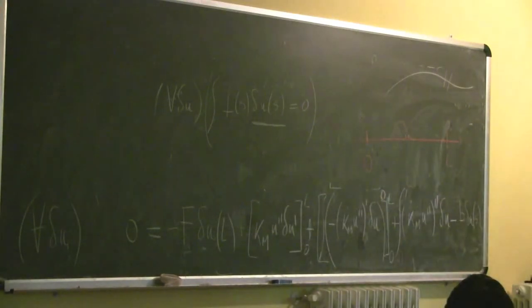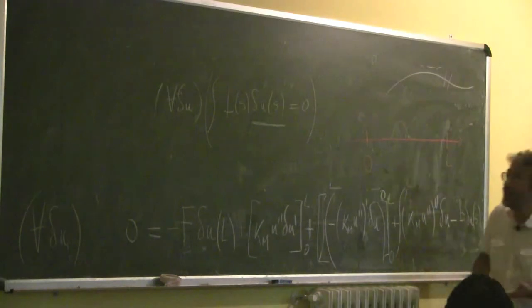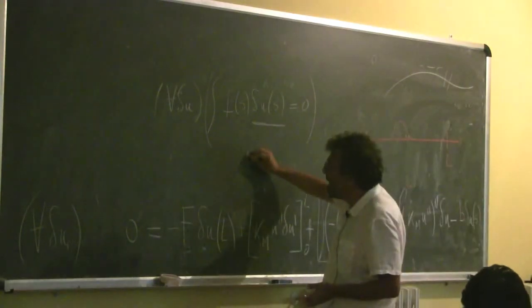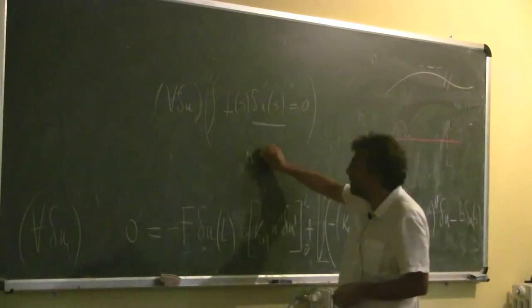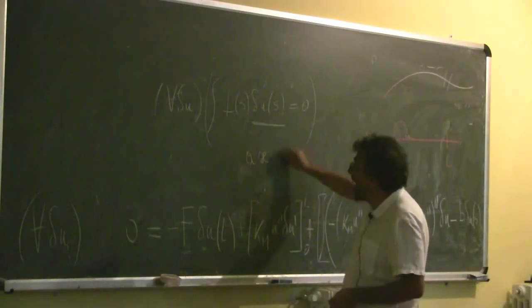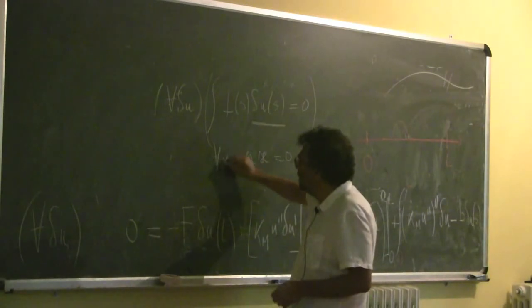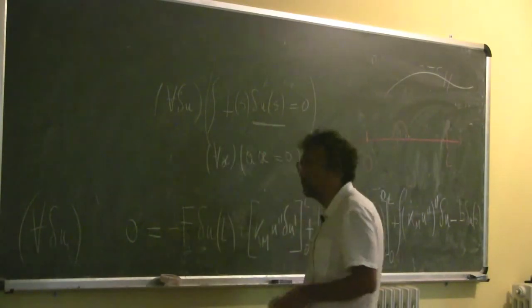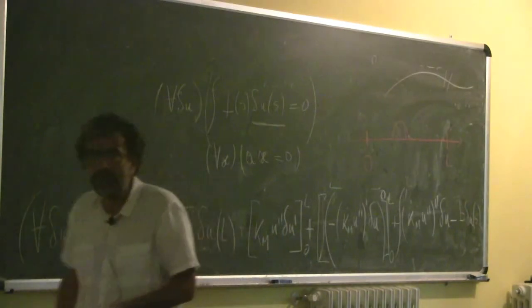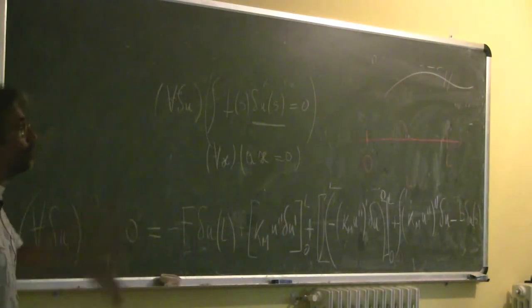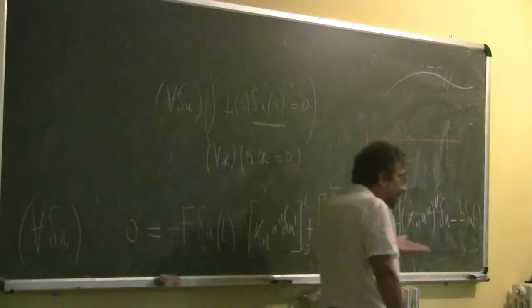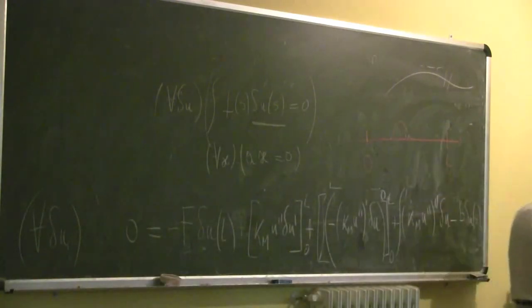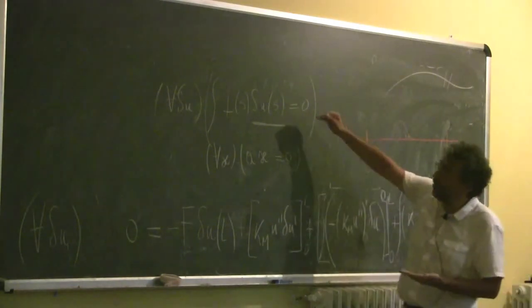This is not trivial. It is very similar to saying I have a number a, I multiply it times x, and for every x this is always 0. What happens to the number a? It has to be 0.